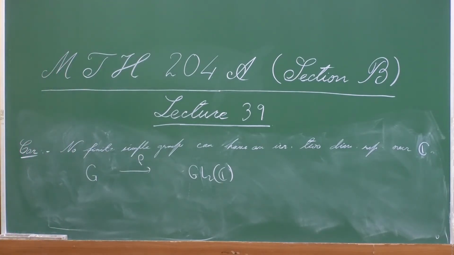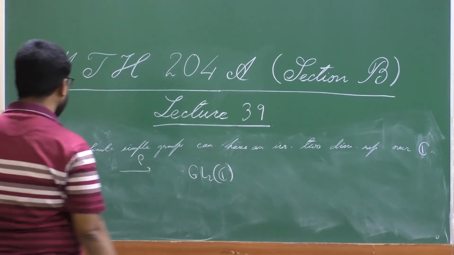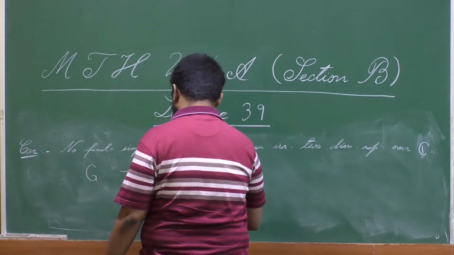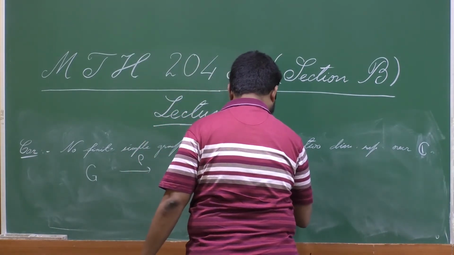It cannot be the trivial representation, so rho is non-trivial. So what does simplicity yield?